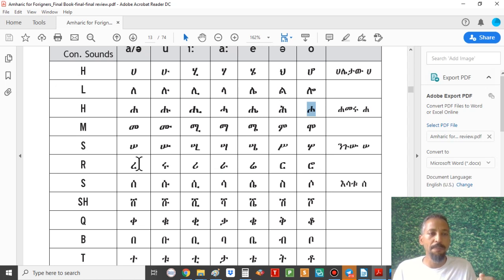Different letters have different signification, and that's why different words are written using the different letters here, even though they have the same sounds.